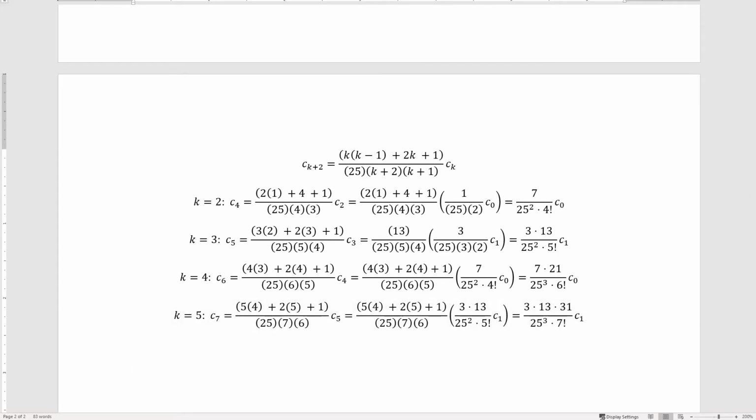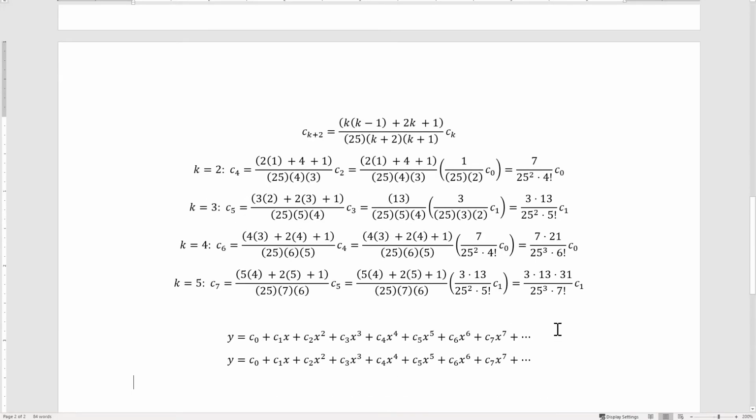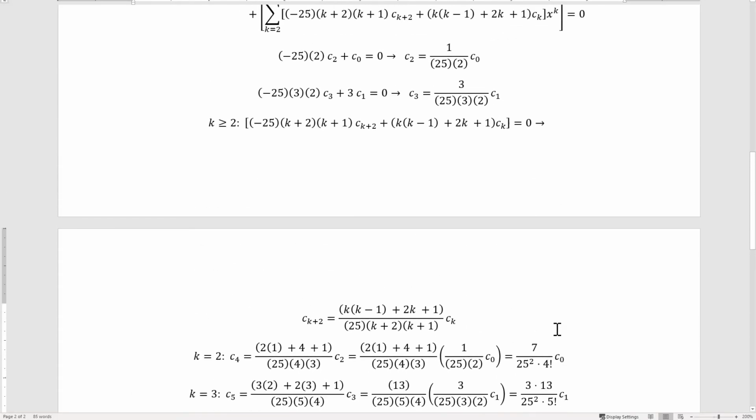And so what we can do is express our solution up to x to the 7th power. Okay, so all we're going to do is literally replace these c sub values here. So let's go ahead and do that. C sub 1 and C sub 0 are up here, and we don't have real values for that.